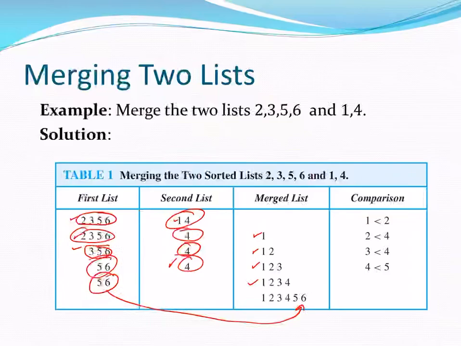And so the lengths of my lists were 4 and 2, and I ended up doing 4 comparisons. My upper bound would be 4 plus 2 minus 1 equals 5. So I did stay below my upper bound.